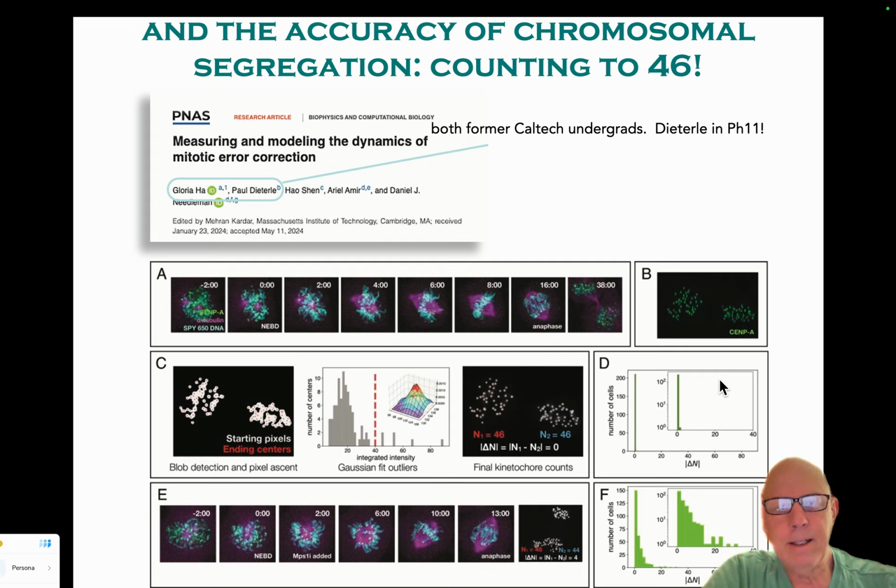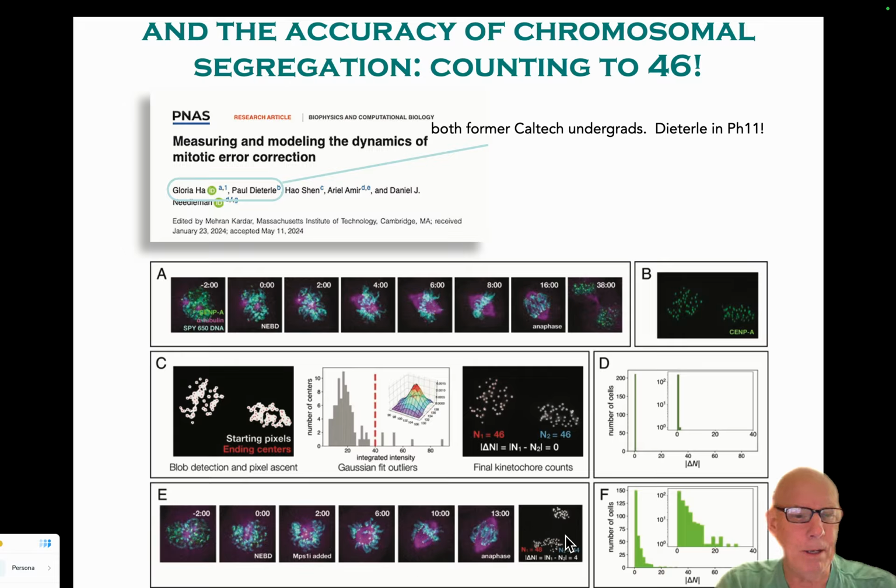And what they did, as shown in E, is they caused the cells to divide prematurely, and then they counted the number of errors, if you like. So you can see in part C up here, it says delta n is generally 0, which means that the number of kinetochores, or the number of connections, is 46.